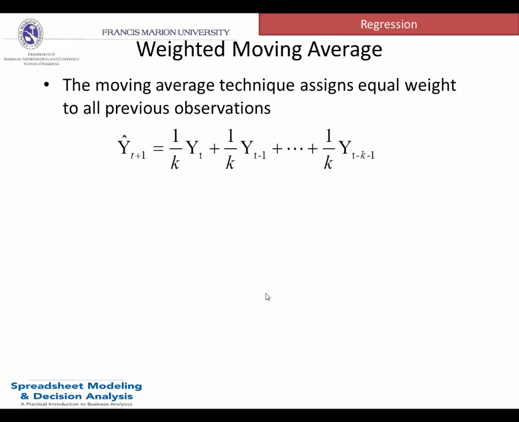The second method which we are going to look at, and these are what we call static methods, is called weighted moving average. The simple moving average assigns equal weights to all previous observations, whereas the weighted moving average actually tries to assign different weights. So the simple weight is just essentially 1 by k.